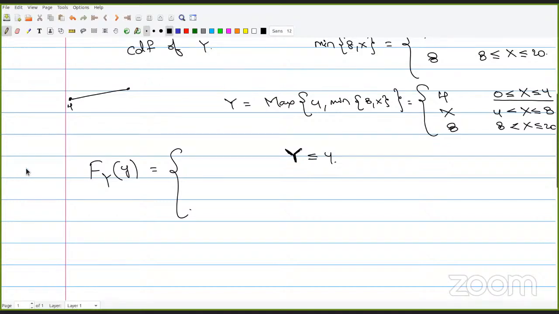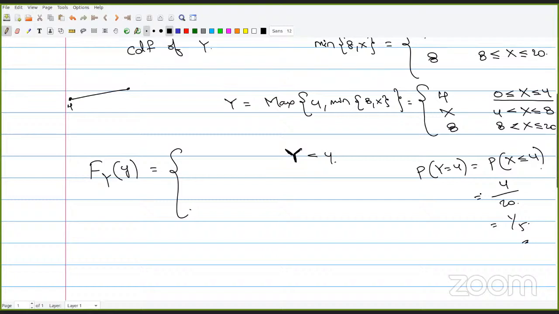So the probability that y takes 4 is nothing but the probability that x is less than or equal to 4. That is the interval 0 to 4, out of total interval 20. This is 1 by 5. So the probability that y is equal to 4 is 1 by 5.